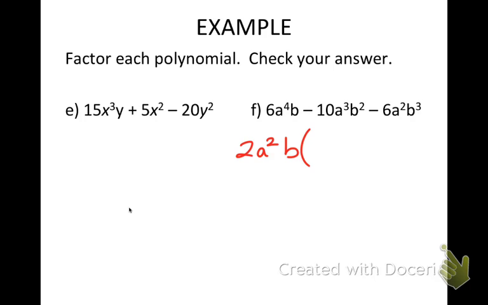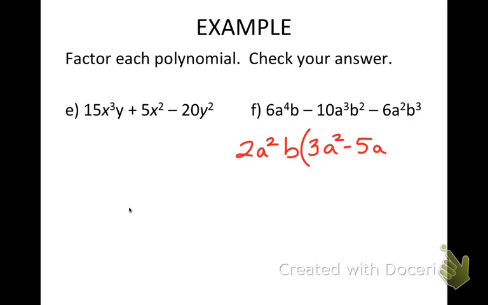2 times what is 6? 3. If I had 4 A's and I took 2 A's out, I'm going to be left with how many? So A squared. If I had 1 B and I took a B out, would I have any left over? No. Bring down your minus. 2 times what is 10? 5. If I had 3 A's and I took 2 out, I'm going to be left with 1.